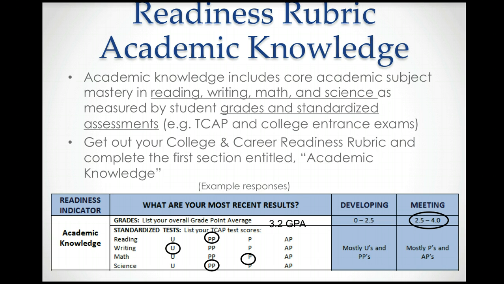And then give yourself an overall kind of grade, right? Is your GPA above a 2.5 to a 4.0? That's good. Below a 2.5 to a 4.0 would be developing. Right? It's the combination of your grades and your test scores that are going to lead to your career options.